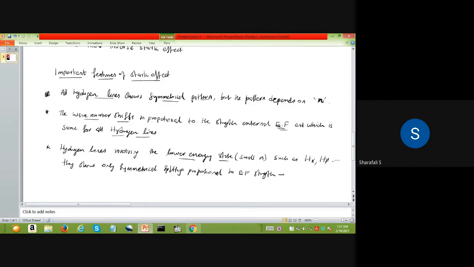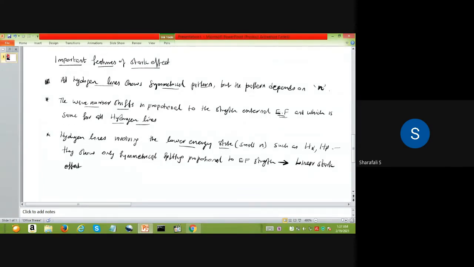And this particular effect is called the linear Stark effect, when the splitting of the energy level is proportional to the electric field strength.